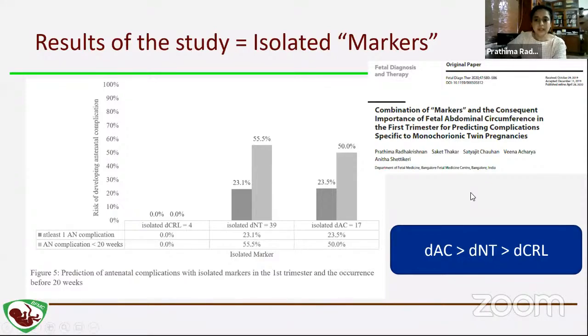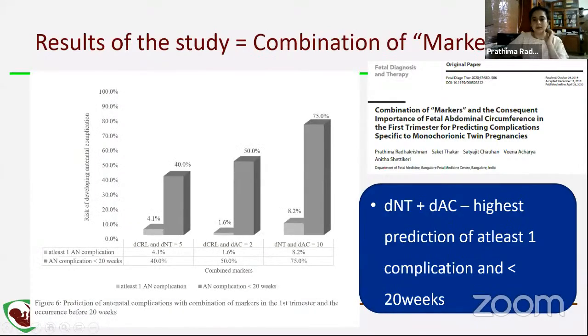Then when we combined the markers and looked at various permutations and combinations, the discordant NT with the discordant abdominal circumference had the highest prediction of at least one complication, particularly before 20 weeks. So this combination worked the best.